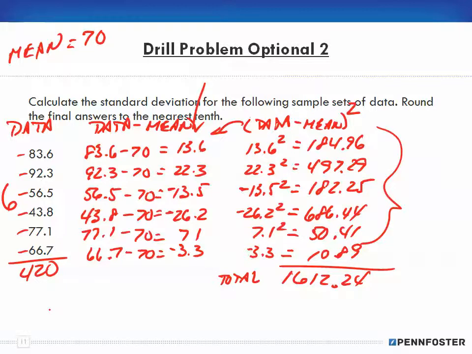Okay, so now once I've done that step, if you're looking at that chart, remember, I didn't memorize the formula. There is a formula for standard deviation, and you'll see what that formula looks like when you take business statistics. But even when you're looking at that formula, you're going to be working through the steps in a chart format like this.